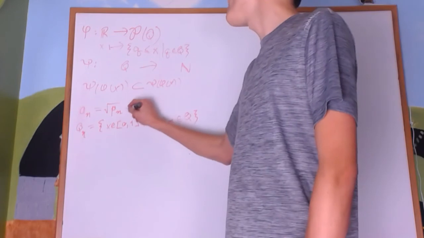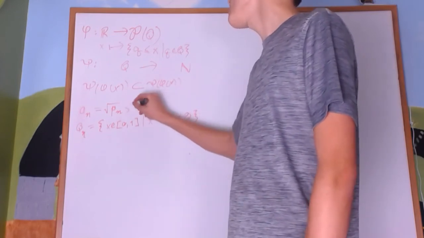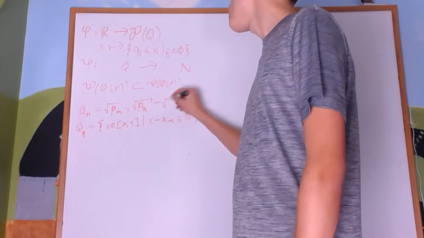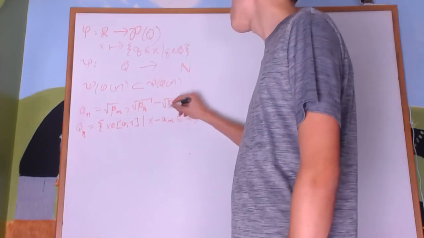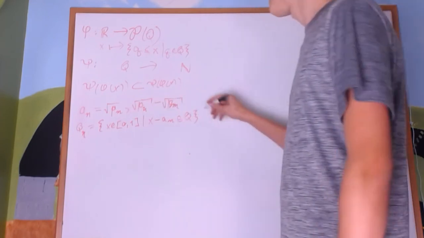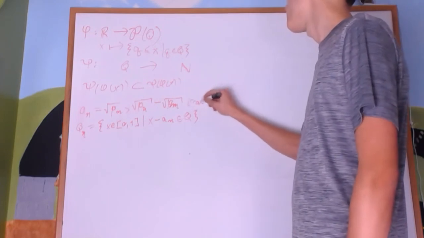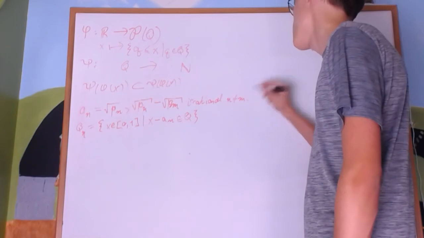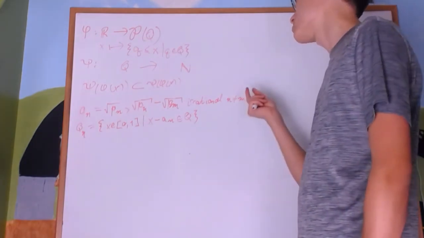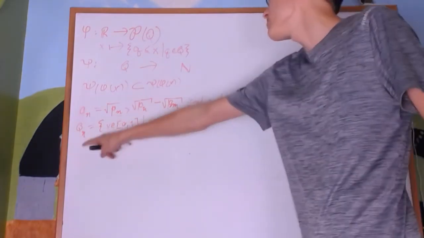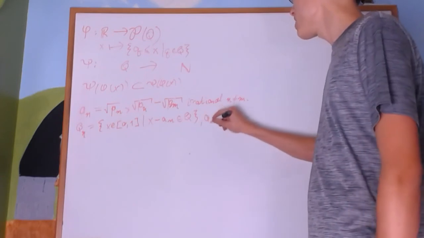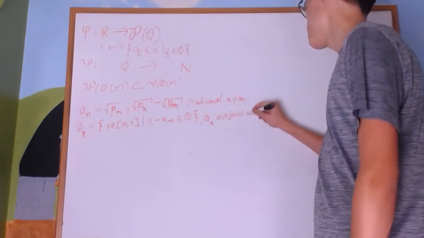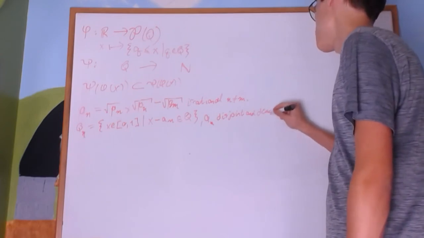And the reason why we need to have that is because the square roots of two different primes, for n not equal to m, their subtraction is irrational, so each of these Q_n are disjoint and dense.